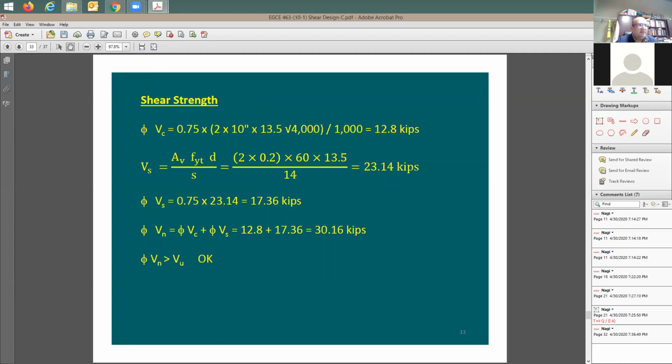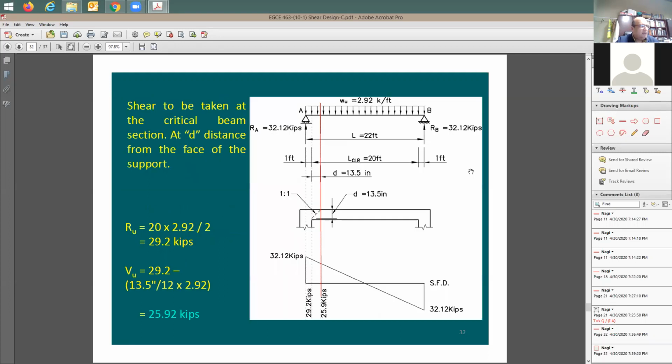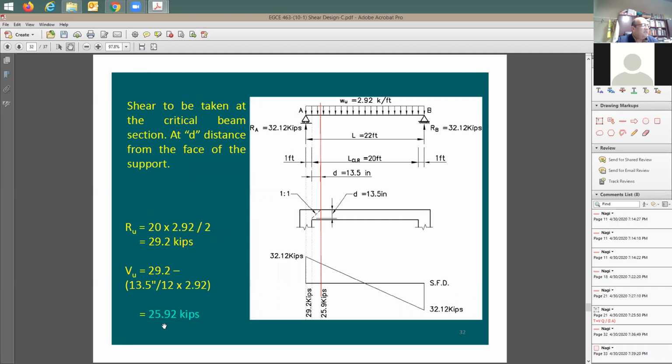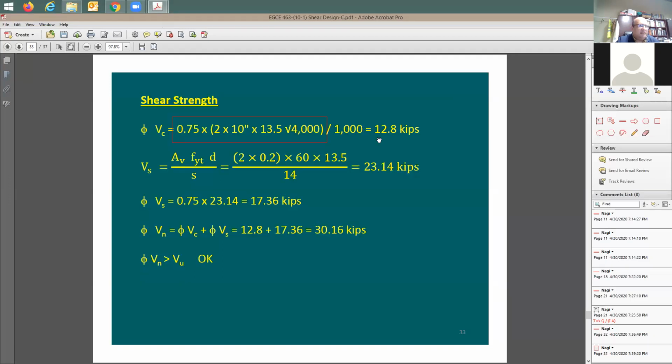Everything here is in psi, and to have your answer in kips, divide by 1,000, because the shear demand was given to me in kips. I have a total of 12.8 kips. This gives me the shear capacity. Demand is 25.92, so it seems I need some steel because the concrete itself cannot resist the shear demand.